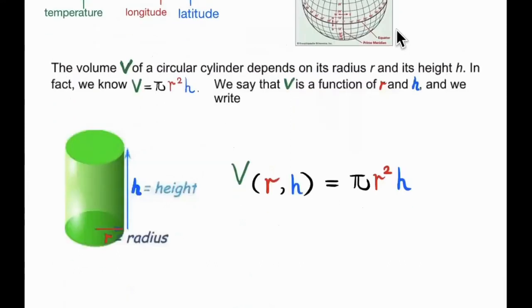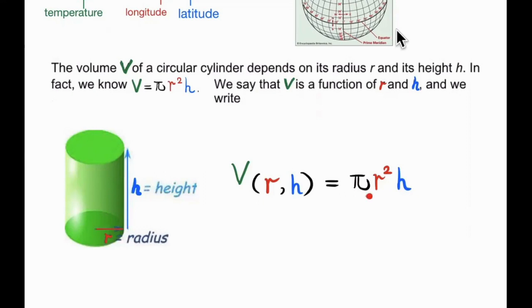Another example of a function of two variables is the volume of a circular cylinder. It depends on the radius of the base, r, and also the height of the cylinder, h. So the volume of this cylinder is a function of two variables, r and h.